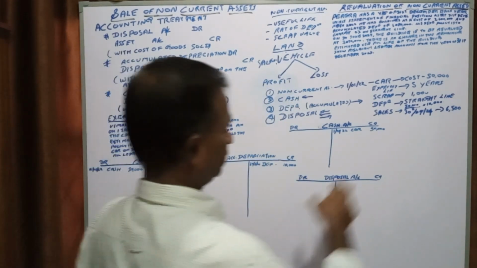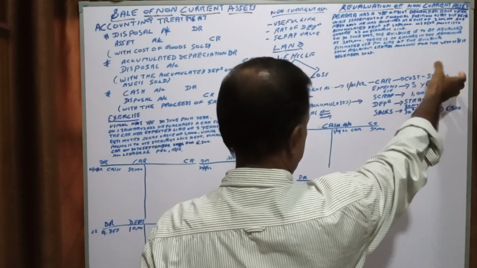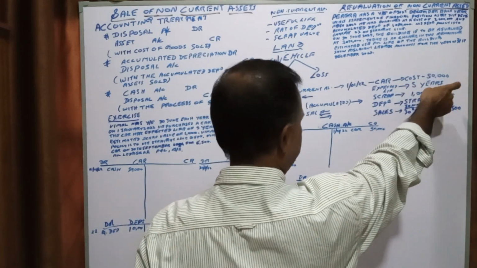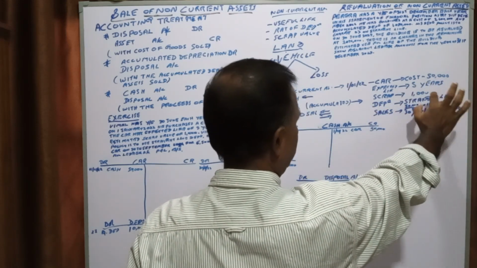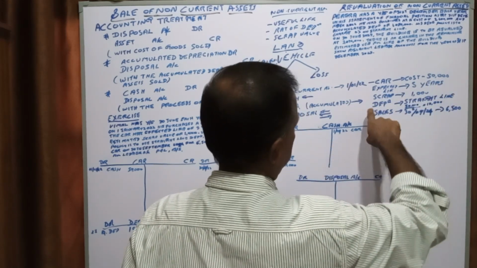That is depreciation over 5 years: the cost is 50,000, the useful life is 5 years, the scrap value is 1,000.